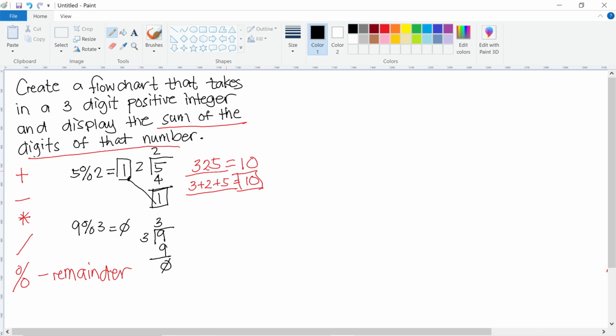So let's now try to develop the flowchart. Of course, we would start with the terminal symbol. We have start. Then we have to tell the user to input a 3-digit integer. So we say display, enter a 3-digit integer or number.